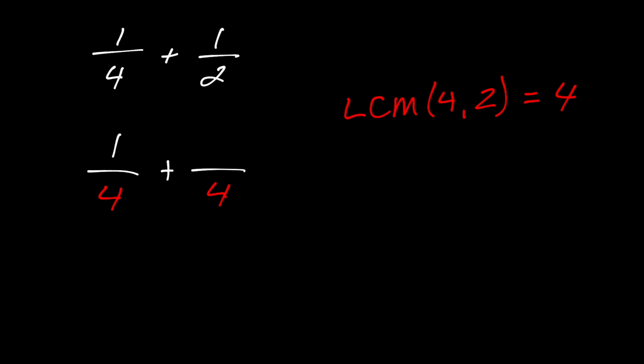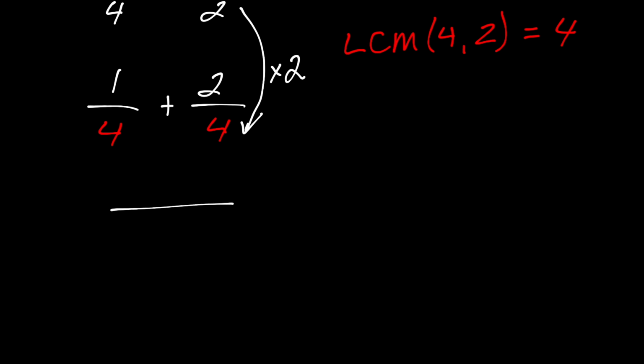But the second fraction, what do we multiply 2 by to get a 4? So we multiply that by 2. So if I multiply the denominator of a fraction by 2, I also have to multiply the numerator of that fraction by 2. So we'd have 1 times 2 is going to give me 2. Easy enough, right?